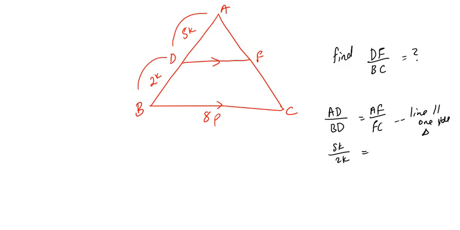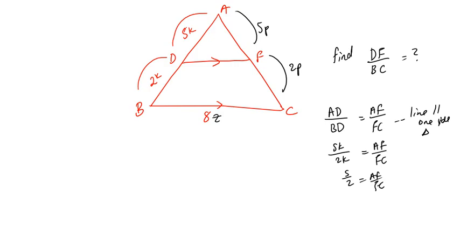You don't have AF, you don't have FC, but they also give you 5 over 2. AF over FC also gives 5 over 2, which means here we can use 5p, here we can use 2p. Let me just use a different letter there now. Let me use Z, 8z.